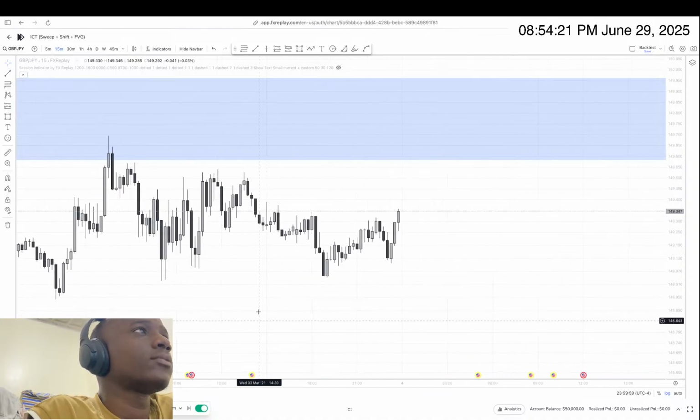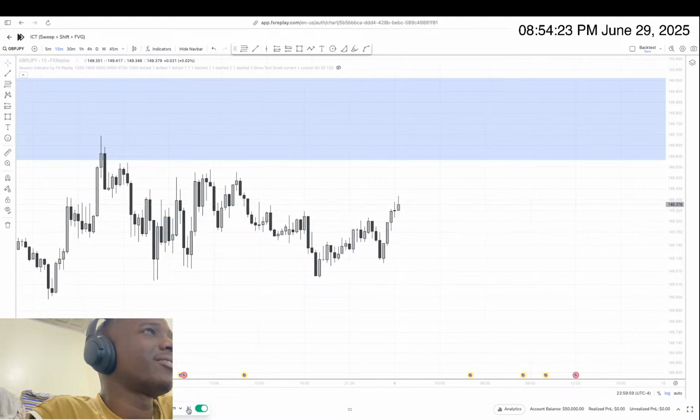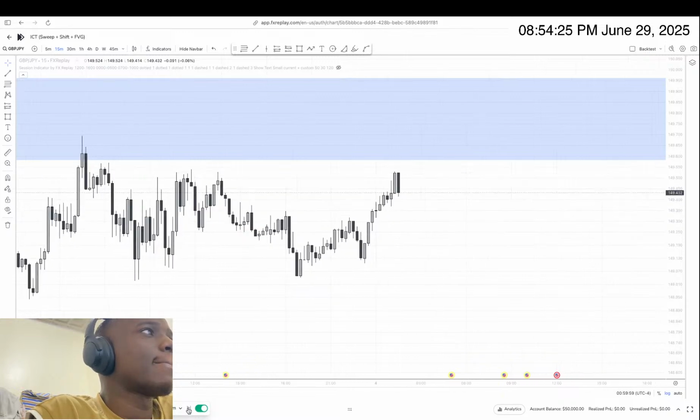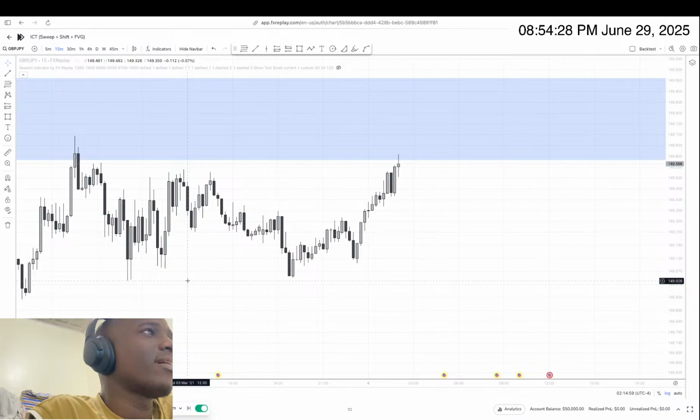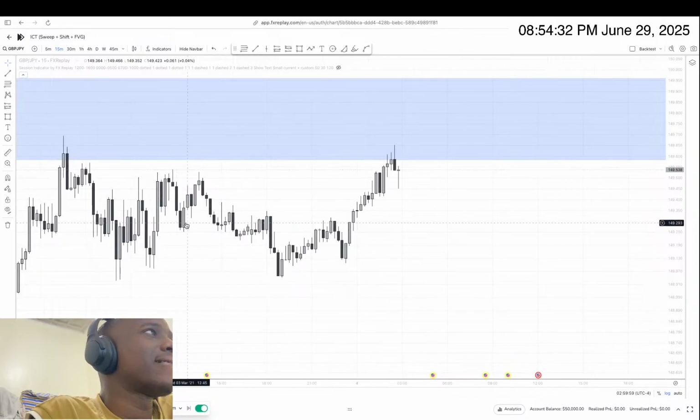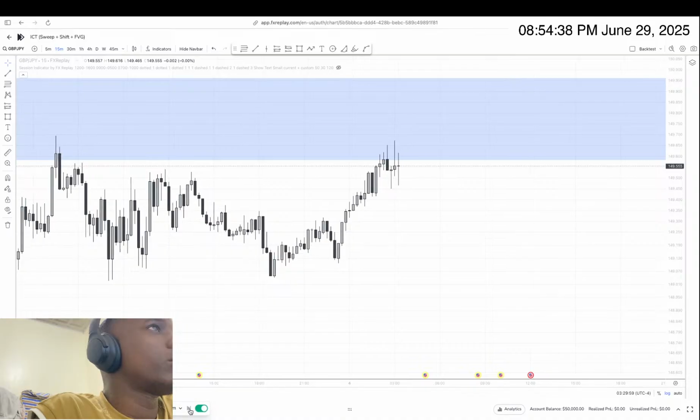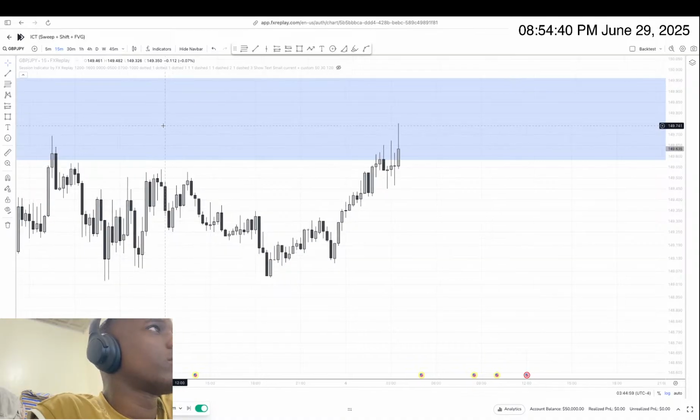So we're still rejecting the 4 hour fair value gap. We have some relatively equal lows there. I think we took out this high now. Alright.